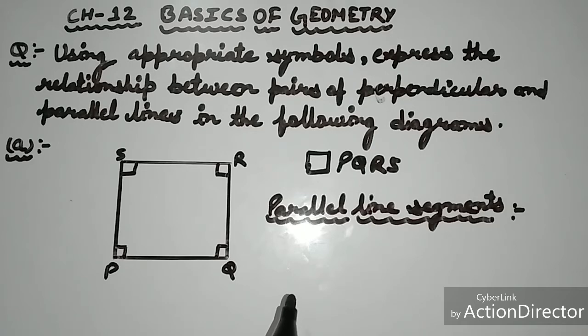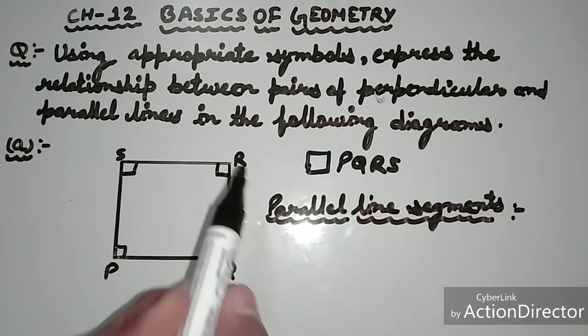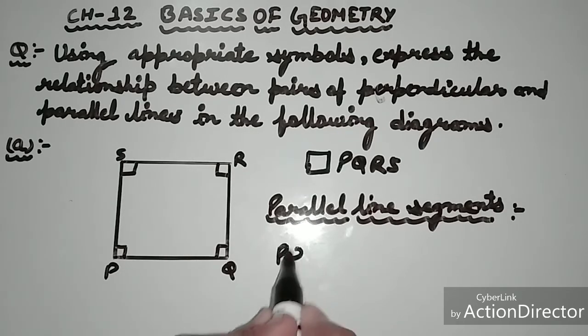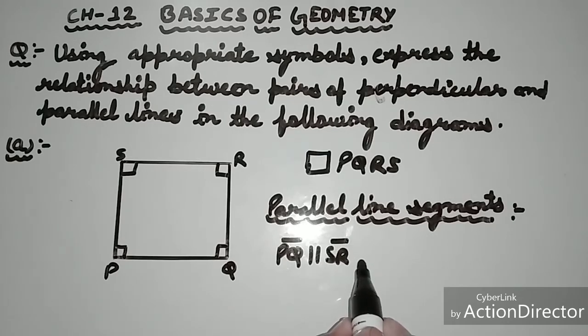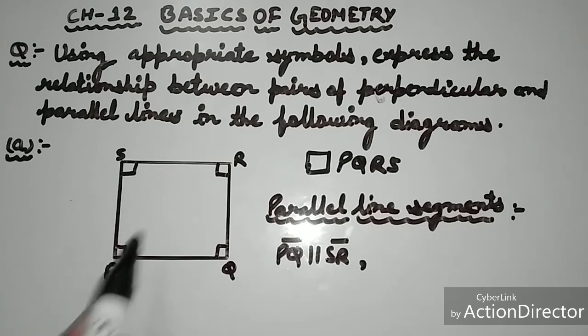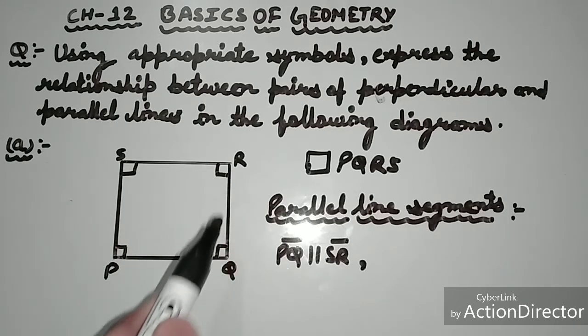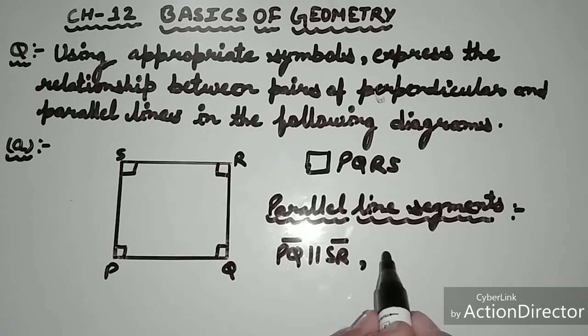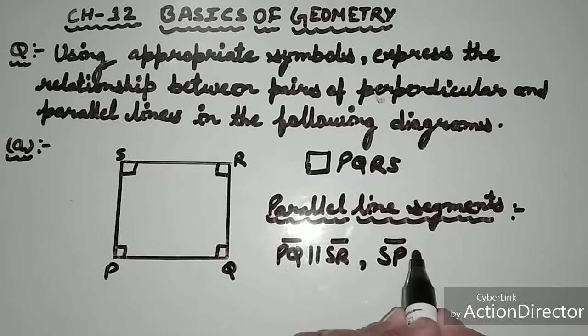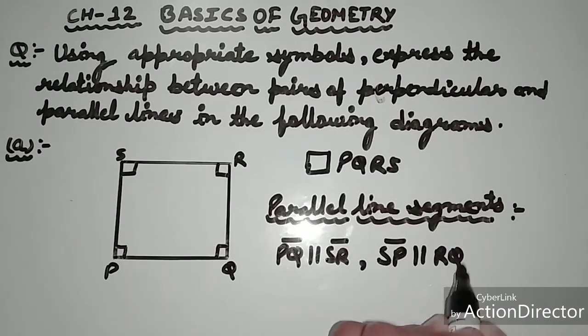The first parallel line segments are PQ and SR. So PQ is parallel to SR. Next, SP is parallel to RQ.